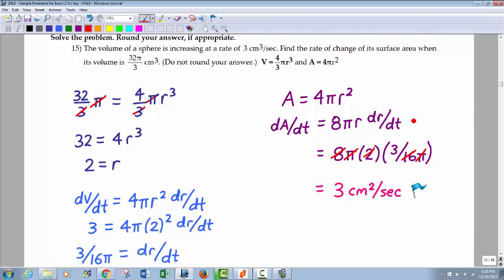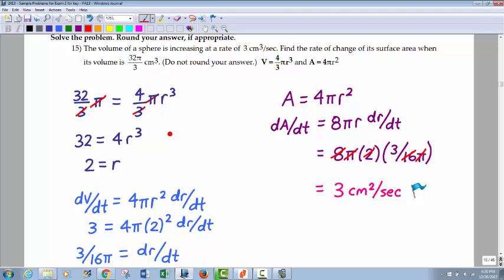And the problem is we don't know what dr dt is. So we have what r is. Actually, we don't, we have to solve for that too, excuse me. We don't know anything yet other than that equation. So what we have to do is come over to the one for the volume right here.